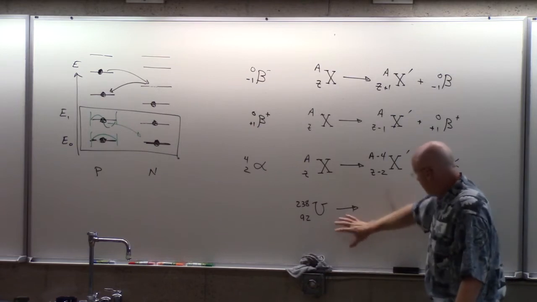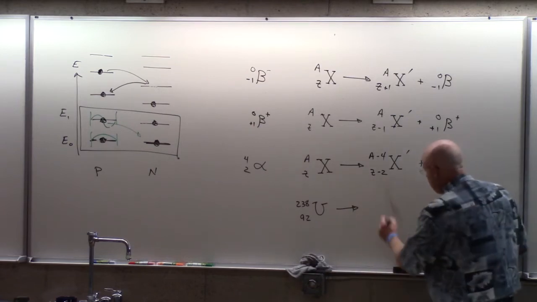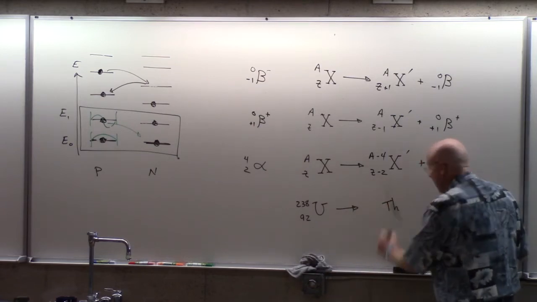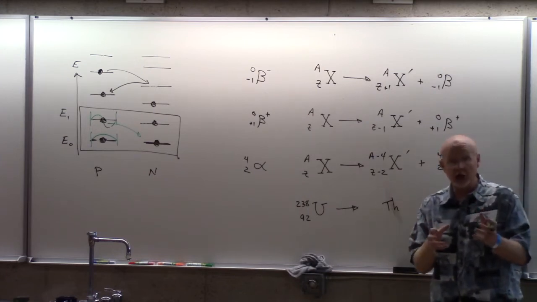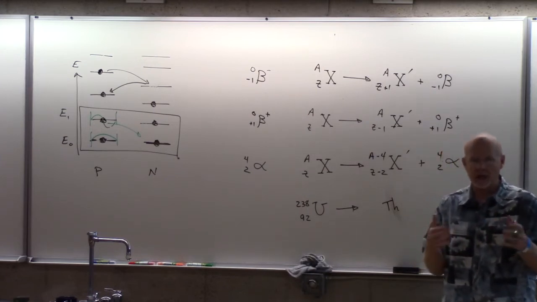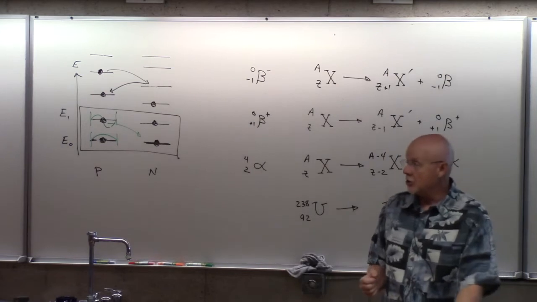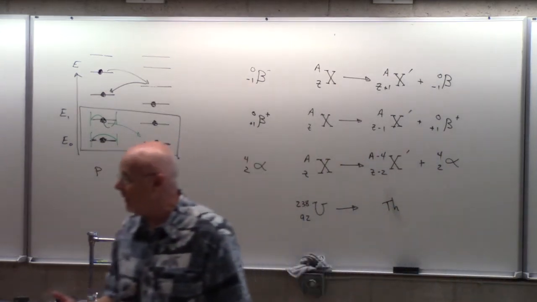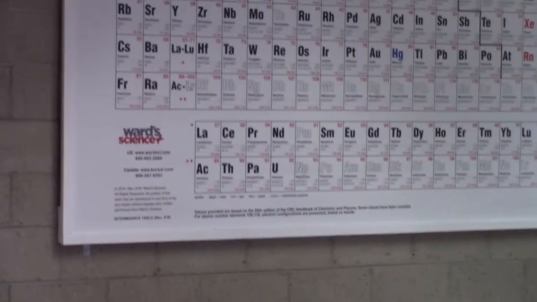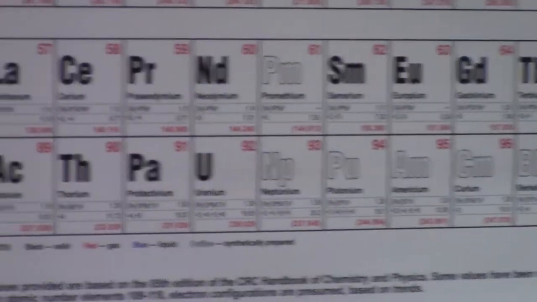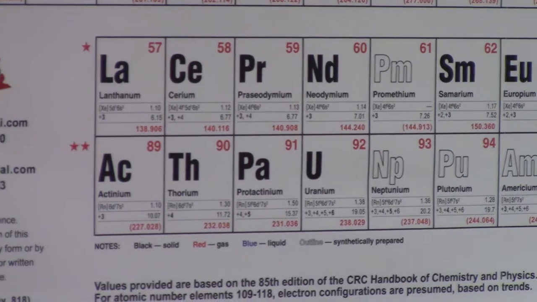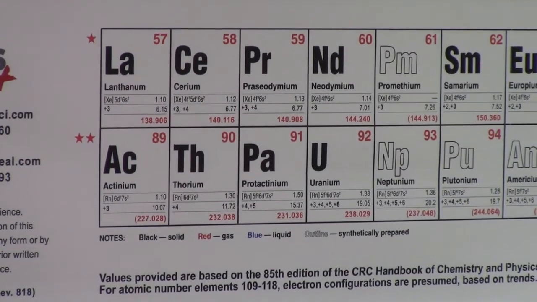So in the case of uranium, uranium kicks out 2 protons, and so it actually changes from, remember, it's the number of protons that determine what it is. And so if I look on the periodic table here, uranium goes down to thorium. And so now it has 90 protons. And so this would be 90 protons.